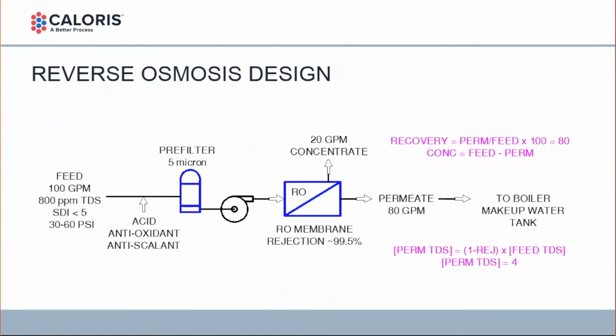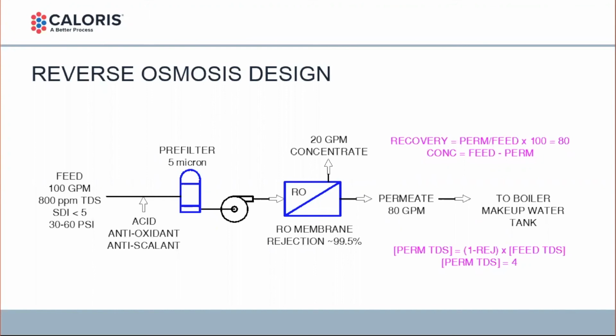It might be antioxidant if you've got chlorine in the water, you're most likely to have an anti-scalant pump. And if you want to get really good recovery, you'll probably want an acid pump too. And you always want a pre-filter in front of the RO. The main piece of equipment is going to be that feed pump in front of the RO, and then, of course, the RO itself.